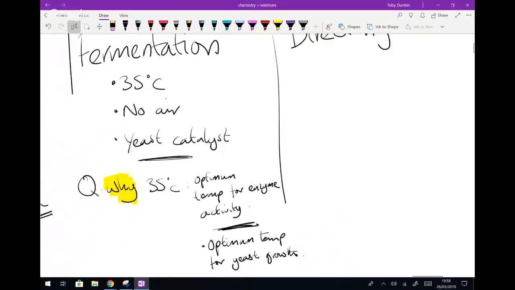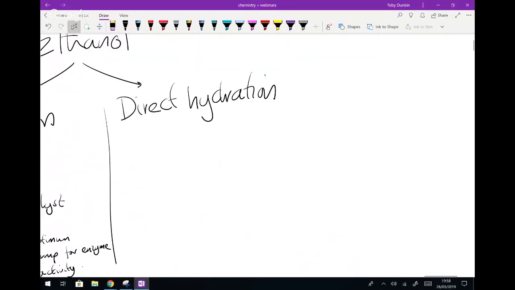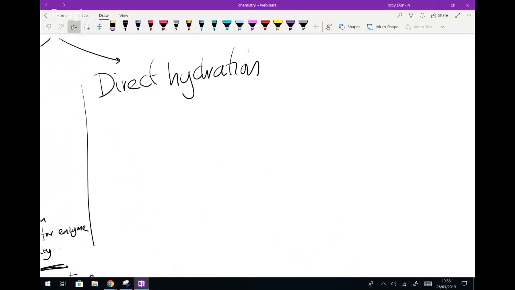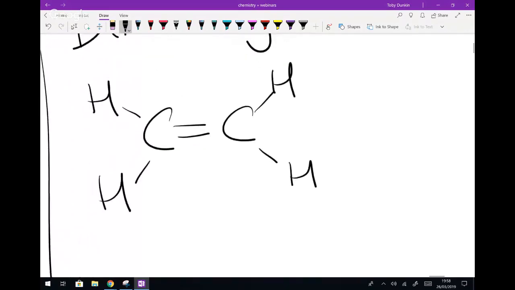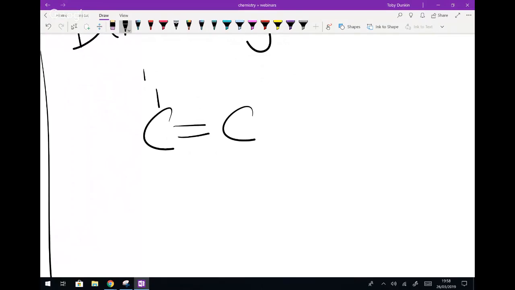Next. I've suddenly realized I've skipped my different catalysts question, and I'm going to have to come back to that. So direct hydration. Let's look at the equation. I take ethene. By the way, I'm going to make a really quick mention of bond numbers. Please remember, carbon makes 4 bonds. The most common mistake that I keep seeing in an exam, which drives me crackers, is that.